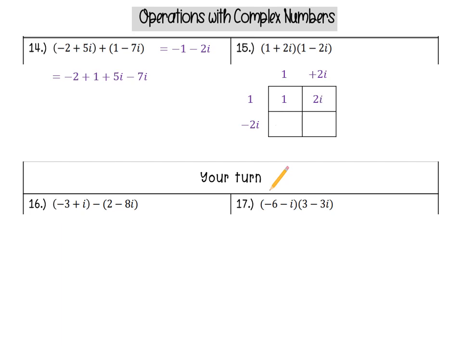Negative 2i times 1 is negative 2i. Negative 2i times positive 2i is negative 4i squared. We can simplify that. We've got 1, the 2i and the minus 2i cancel, and then that's going to be minus 4 times negative 1. That gets us 1 plus 4, which is just 5.